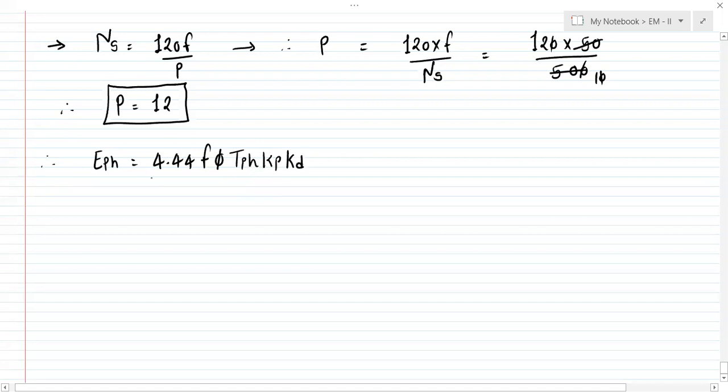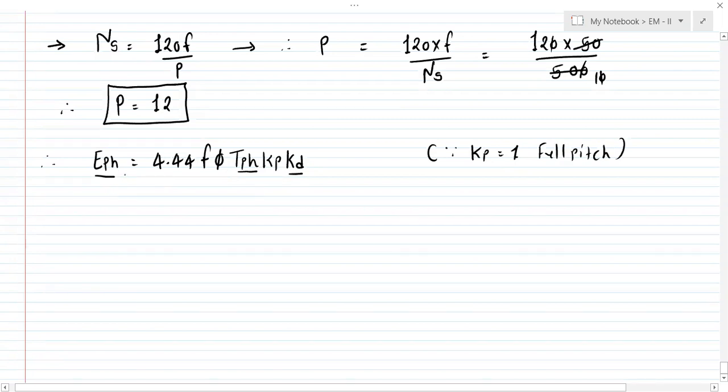From this equation we know 4.44 is a constant, F is given. For KP, we are using a full pitch coil, so KP is equal to 1. So we have to find the value of TPH, the value of KD, and the value of EPH.